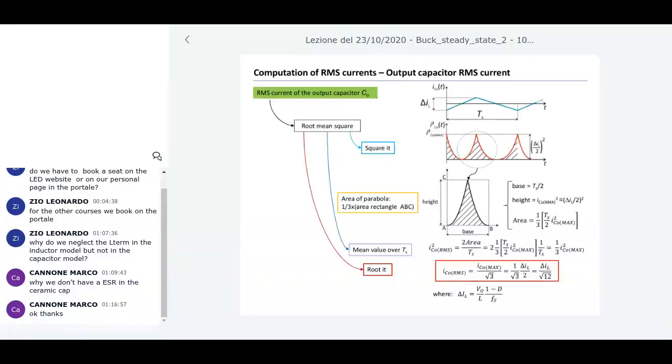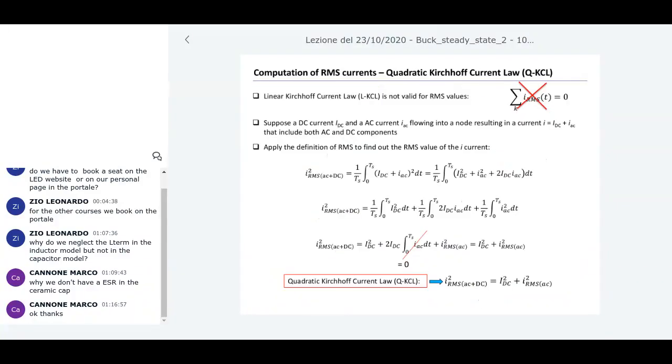Questions about this kind of computation, which is reported here? Problems, questions about how it is computed? Just simply the theorem for the parabolic triangle, something like that. This time the computation is exact, so what we get is the exact value of the square.